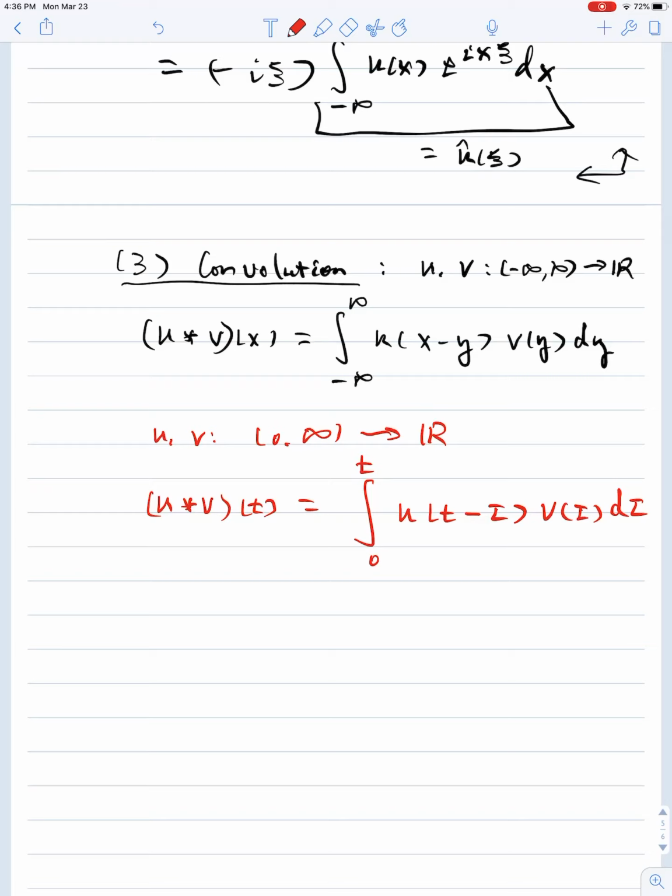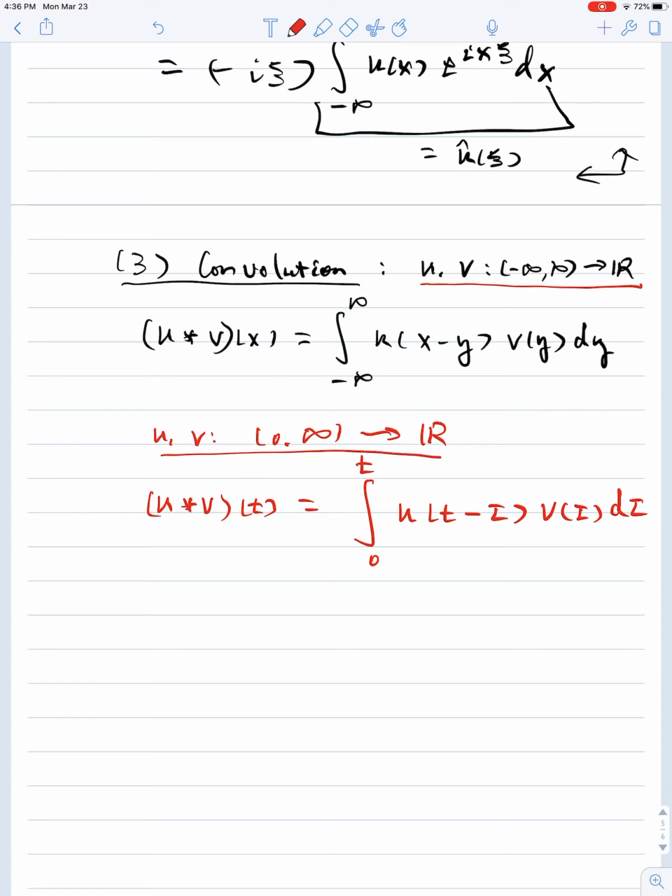When you define a new concept, it should be consistent, and actually these two definitions in essence are consistent with each other. The reason is like this.